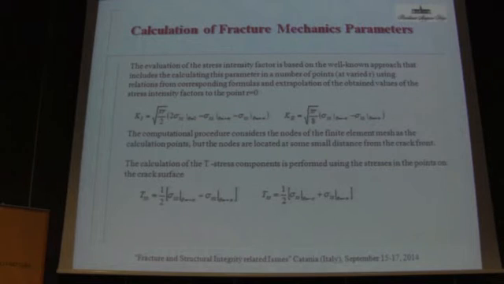The computational procedure considers the nodes of the finite element mesh as the calculation points, but the nodes are located at some small distance from the crack front. The calculation of T-stress components is performed using stresses at the point on the crack surface. So we will have information about stress intensity factor distributions and, of course, in-plane and out-of-plane constraint parameters.